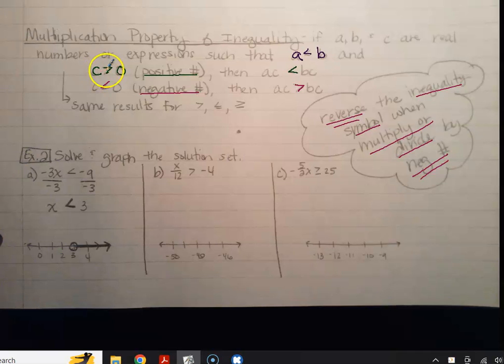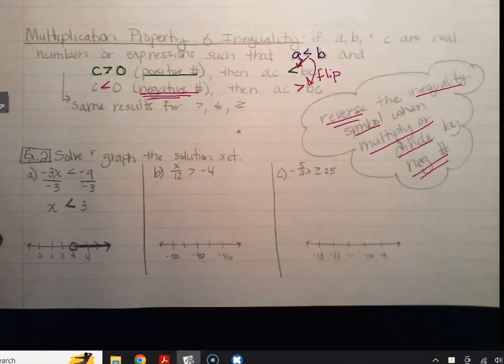If we're dividing by a positive number, no big deal. The symbol stays, it still stays less than. If it's a negative number that we're multiplying or dividing by, we have to flip the symbol. So let's actually try that. Example 2. Solve and graph the solution set.